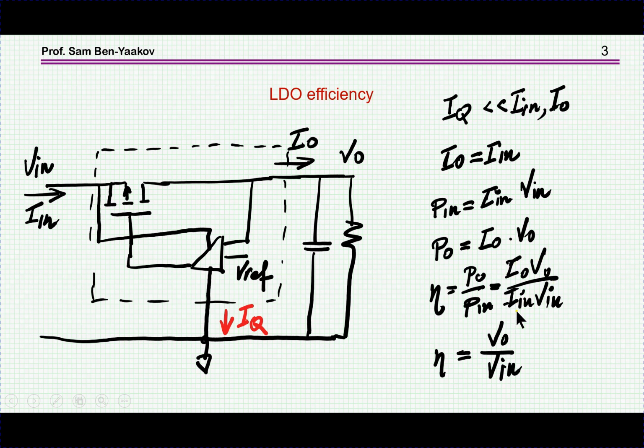And since I in and I out are equal, then we find, which is well known of course, that the efficiency is V out over V in. So if V in is high voltage, then the efficiency goes down because of the drop on the LDO, which causes power dissipation, but we can look at this from a sort of global point of view.